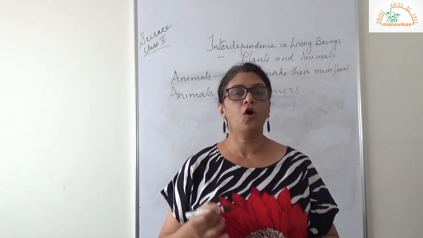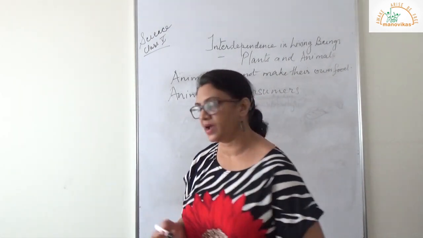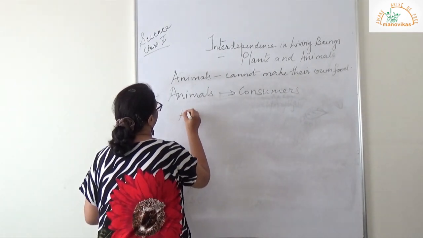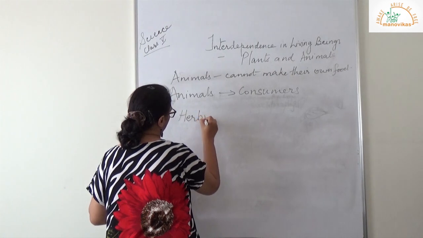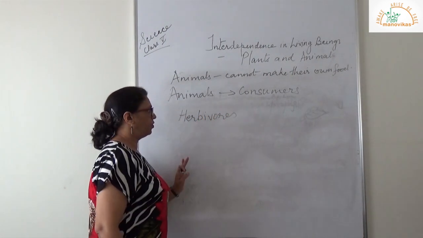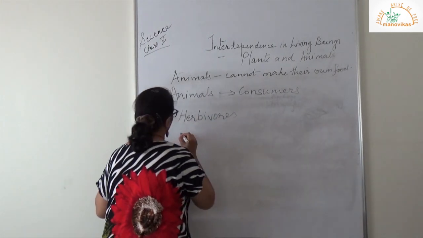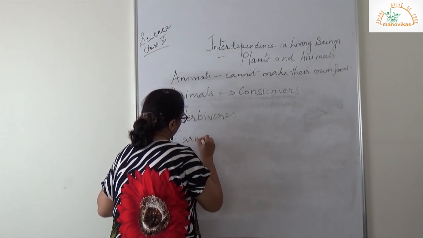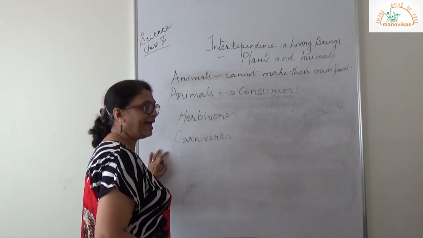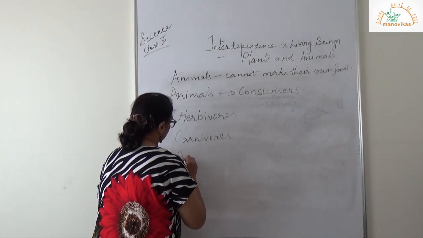Now, depending on their food habit, they are divided into 3 groups. That is herbivores, carnivores and omnivores.